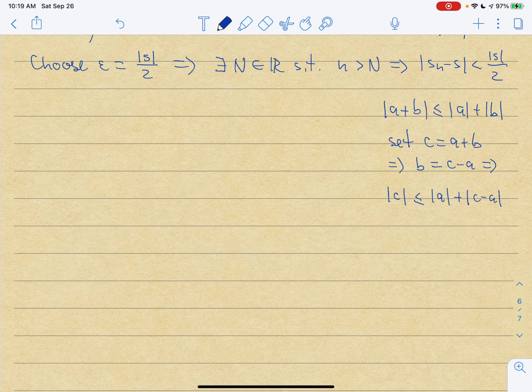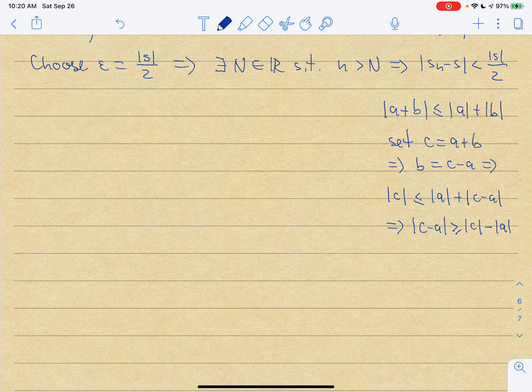I'm really not doing anything, I'm just relabeling the sides in the triangle inequality. And if I subtract absolute value of a from both sides, I get that absolute value of c minus a must be greater or equal than absolute value of c minus absolute value of a.